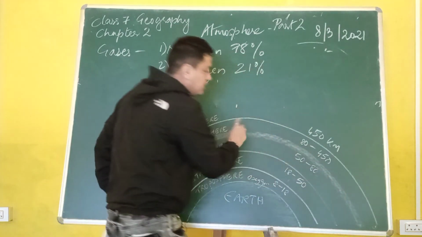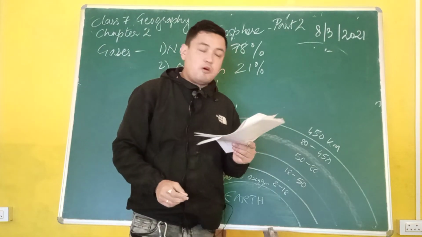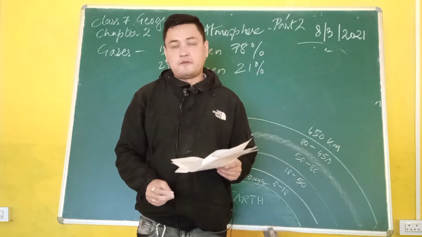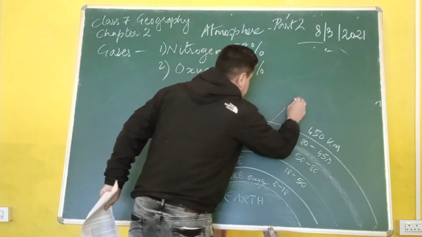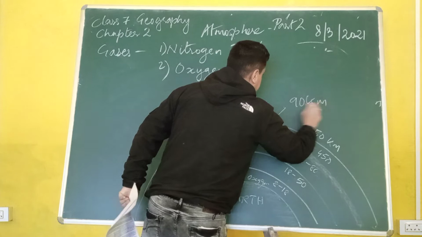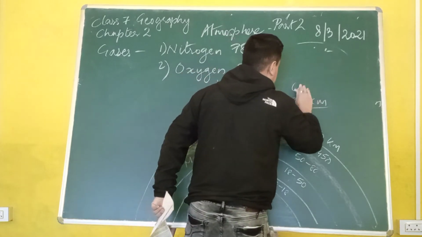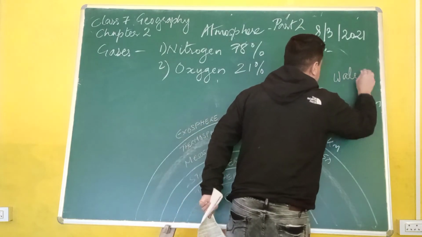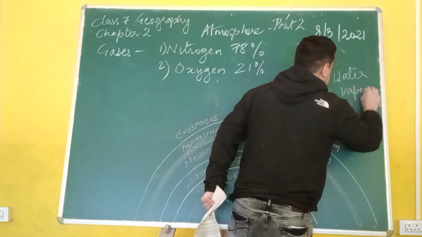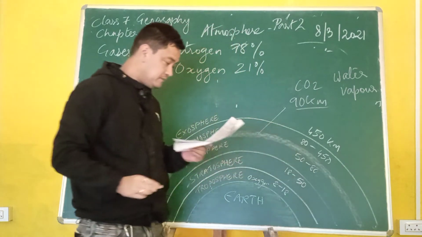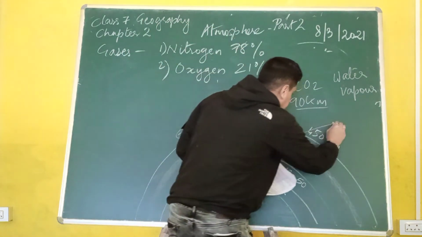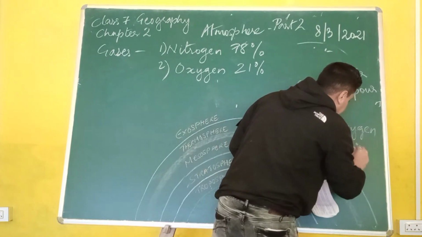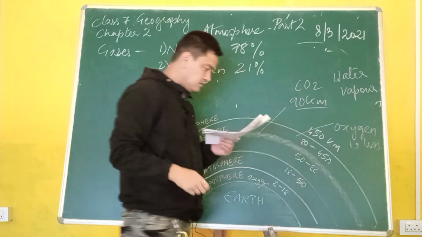So up till here you find gases like carbon dioxide, CO2, and water vapor. Remember that. But oxygen is very less in this layer.